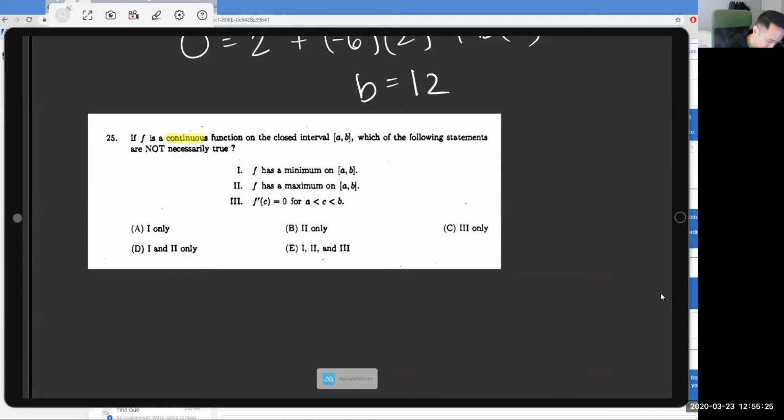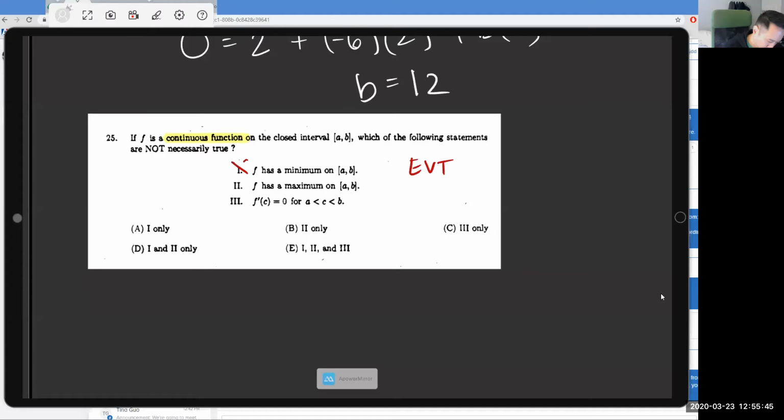Thinking about the extreme value theorem, you have to have at least one maximum and at least one minimum on the closed interval. So 1 and 2 are definitely true based on the extreme value theorem.